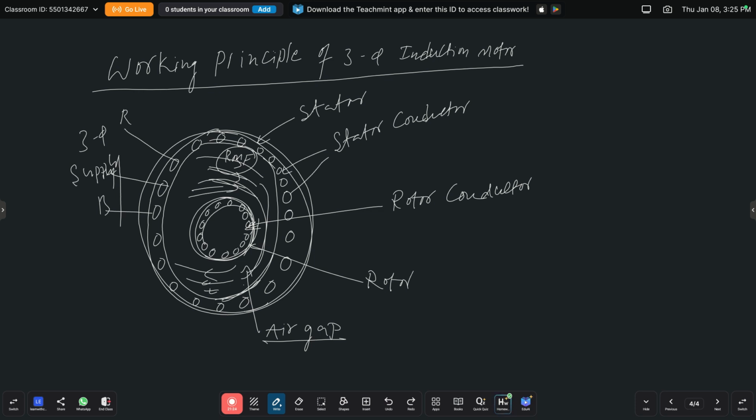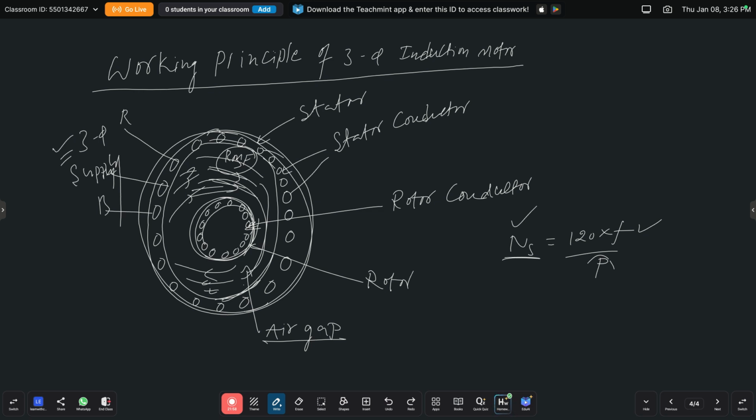The speed of this rotating magnetic field is Ns equal to 120 f by P. This rotating magnetic field speed is represented by Ns, and it is called the synchronous speed. Here f is the supply frequency, and P is the number of poles on the stator.